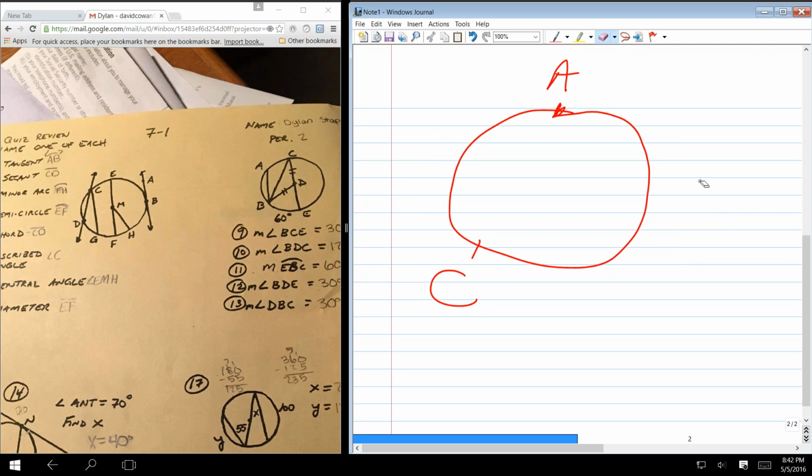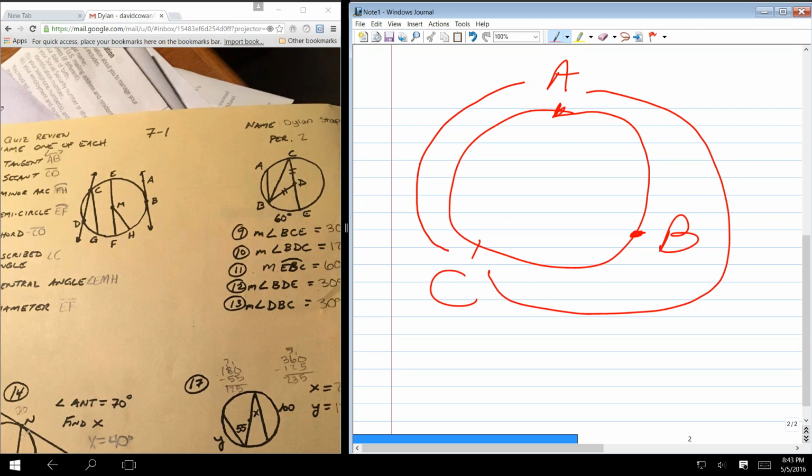You're always going to choose the smaller one, the one that's less than 180 degrees. But if I have a point over there called B, now if I want to define this arc, I call it ABC, as opposed to AC. AC definitely defines that arc only, because this arc would be called ABC.